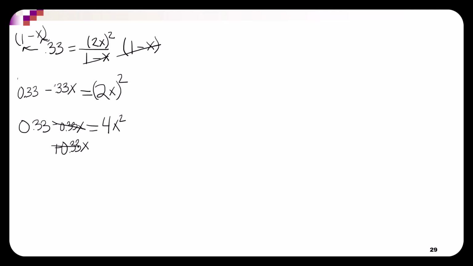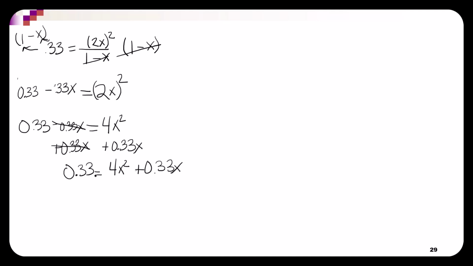That cancels. Whatever I do to the left side, I also have to do to the right side. So I'm going to add 0.33x. Now I'm breaking this down into 2 steps. If you're proficient and can do it in one, great. So now I have 4x squared plus 0.33x. These two canceled, so we're left with 0.33 on this side.